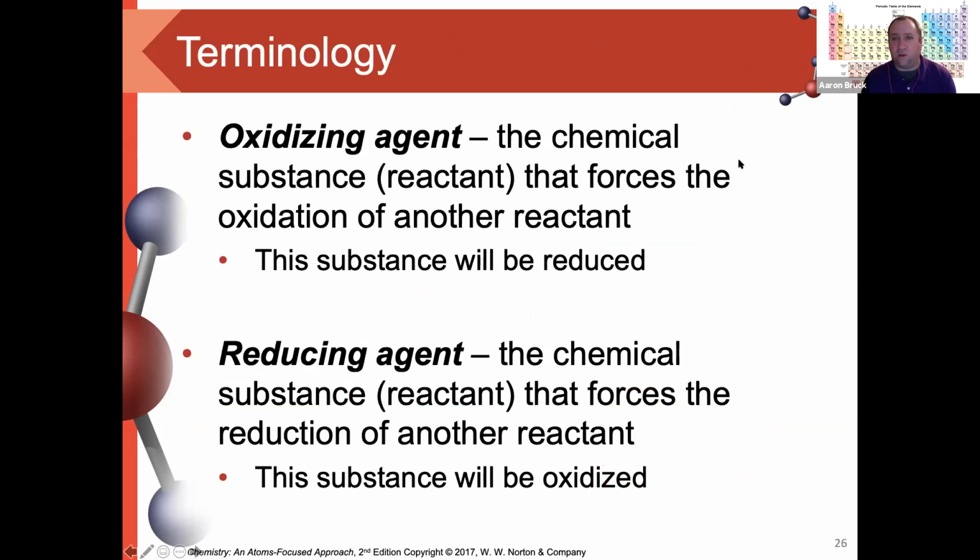And so this is the terminology. These are the definitions that your book gives you. So again, the oxidizing agent is the reactant that forces the oxidation of another reactant.